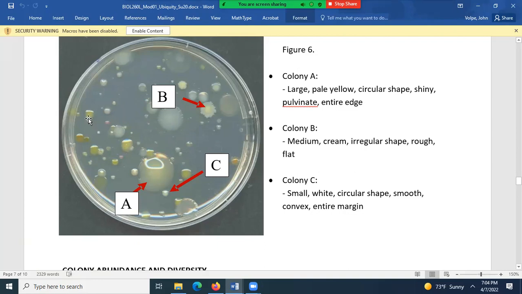And then these right here are all the same too. This one, and that one, and that one, and that one. So there's many of the same species of colonies on this plate. So you can be slightly off, but don't be off by too far, or I'll say no. You've got to be more exact.